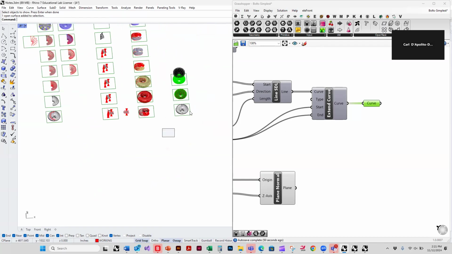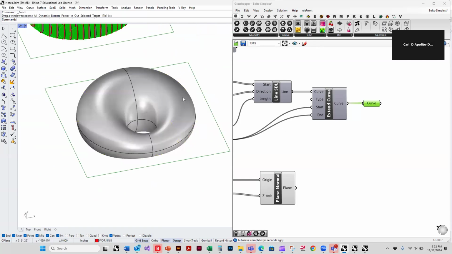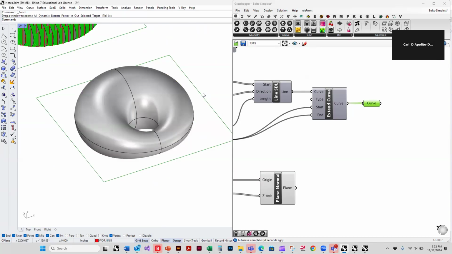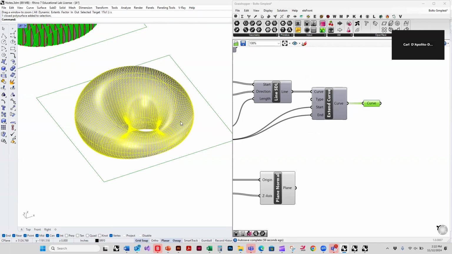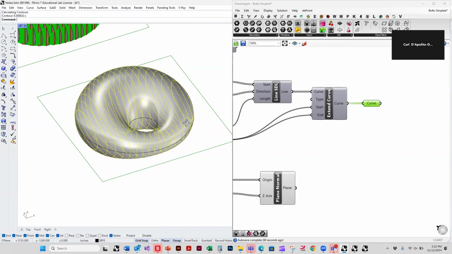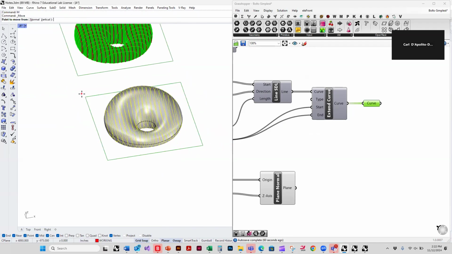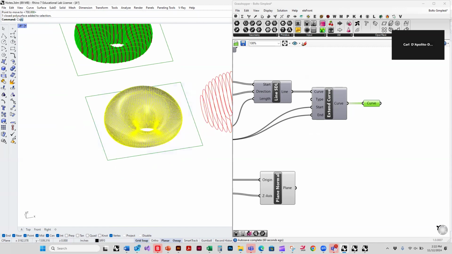And what you can do for that is you can make egg crates. Okay, so the way you make an egg crate is very simple. You can contour an object in one direction. Contour it in the other direction.